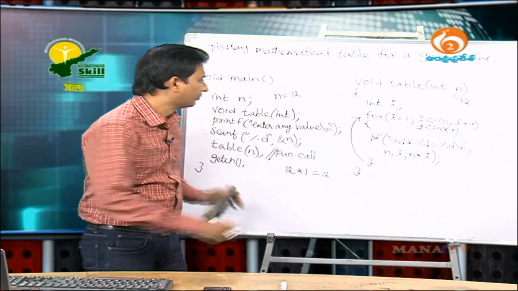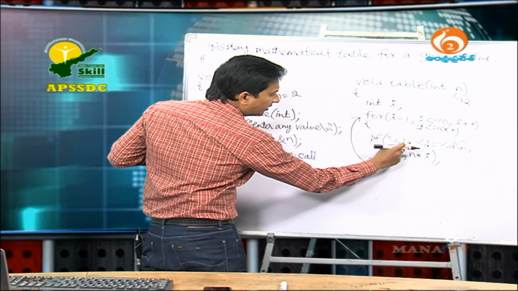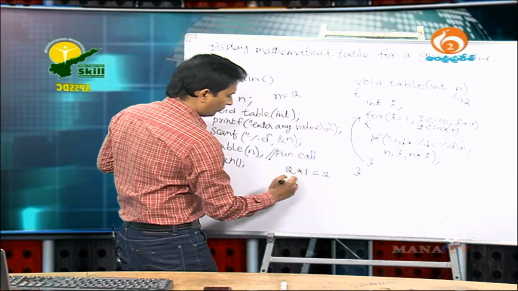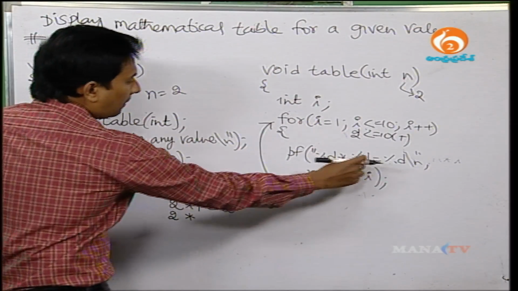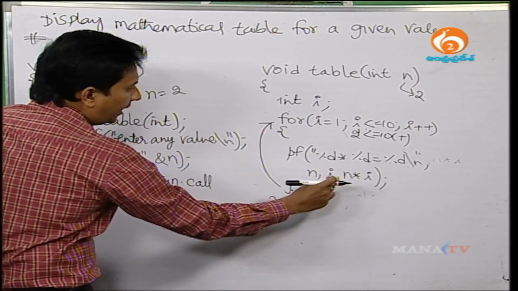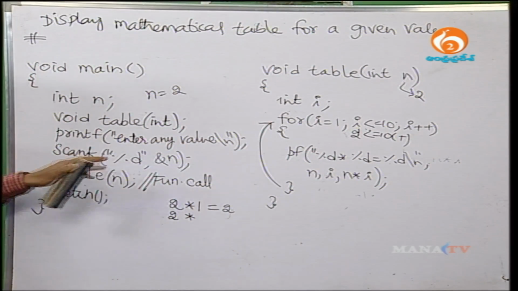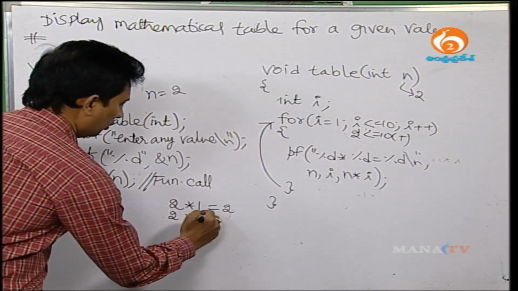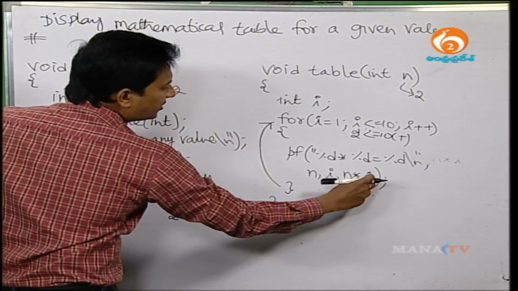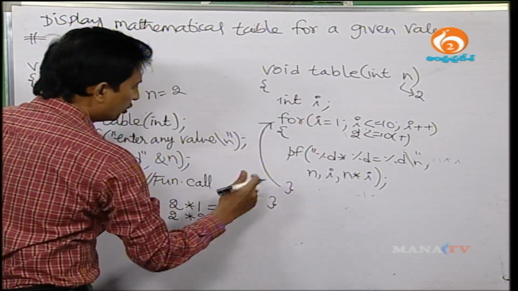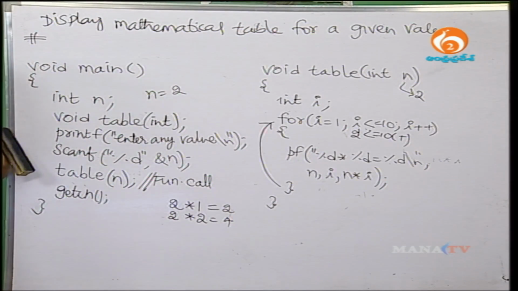Next printf %d means the corresponding variable, that is n, n means 2, star into %d, the corresponding variable is I, I means 2, equal to %d, that is n star I, n means 2 star I, 2 twos are 4.